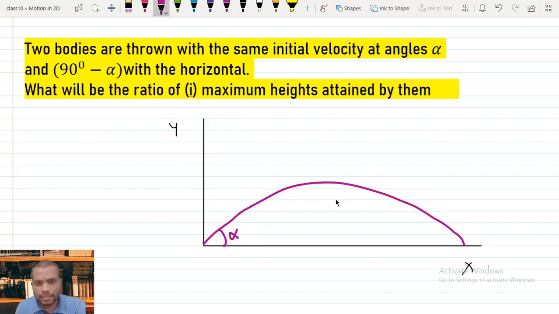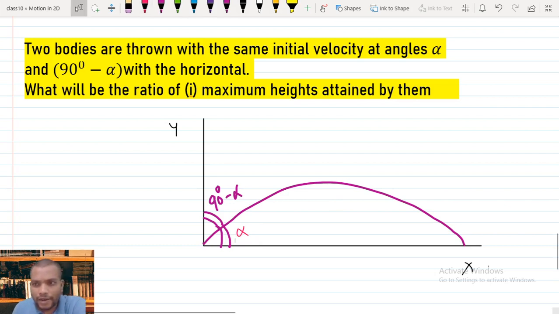So if I take this as alpha, and another angle, this is nothing but 90 degrees minus alpha, making an angle with the horizontal. I hope it is clear here: one is alpha and another one is 90 degrees minus alpha.